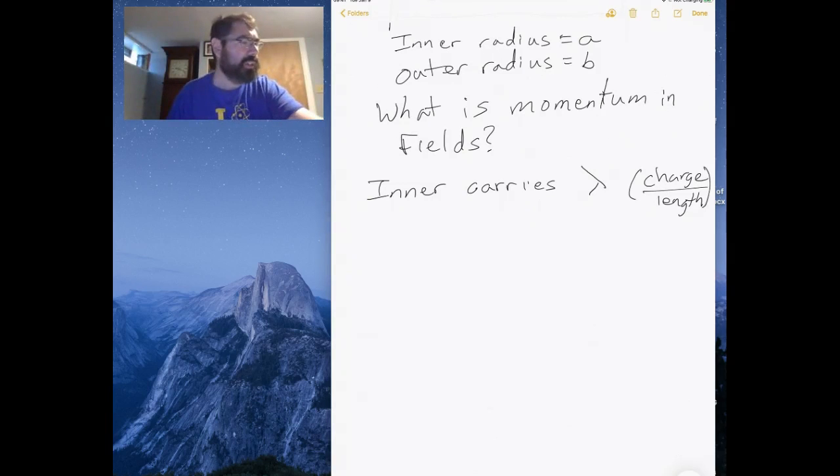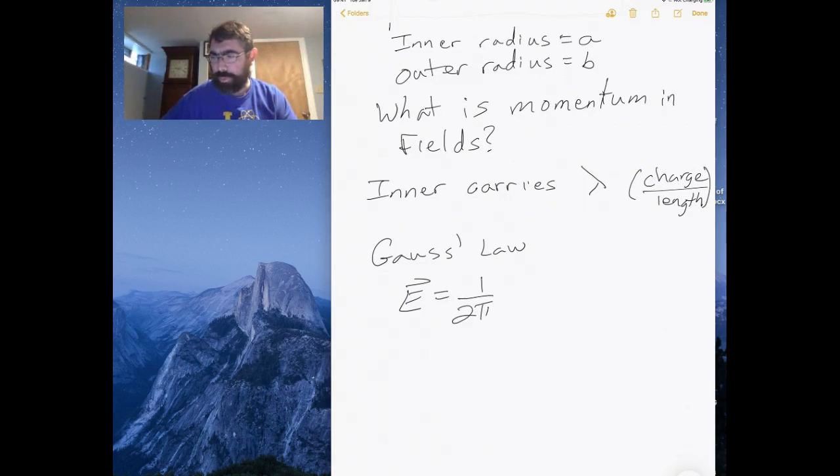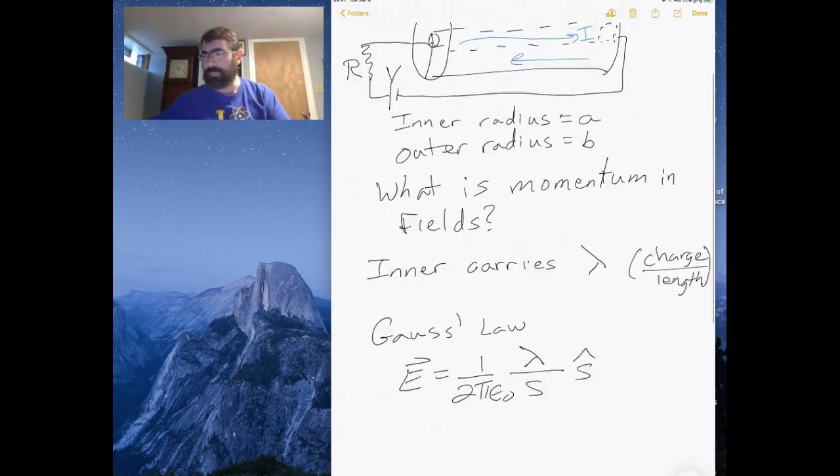Okay. Now if we apply Gauss's law to this particular situation, then we get an electric field that is 1 over 2 pi epsilon naught, lambda over the radius s, in the radial direction.